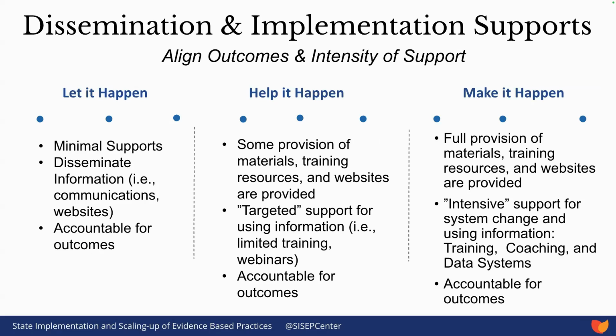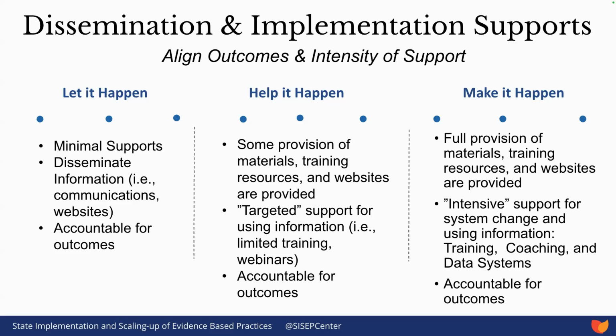If you want a little more support, we think about helping it happen, right? So thinking about more targeted support using the information that we have. There's a limit on the training, but we provide materials, training, and then direct you, providing a little more guidance on where to go when we think about the websites and the materials that are used.